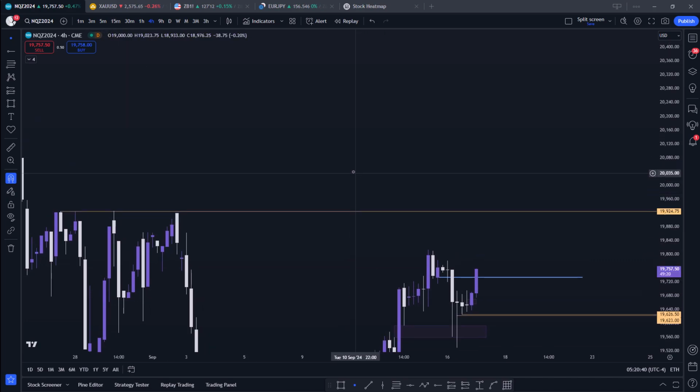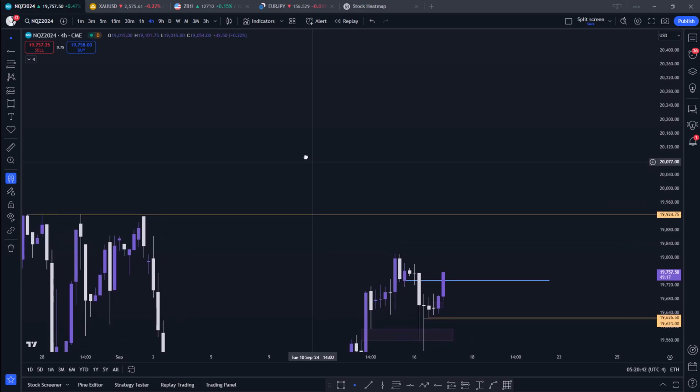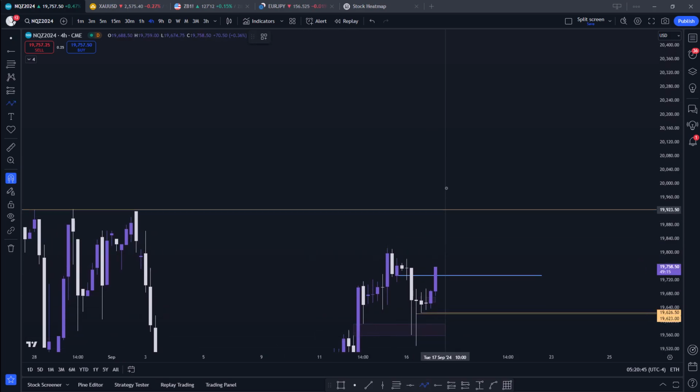If you remember in the rejection block video that I published, I mentioned that rejection blocks are usually one of the higher probability PDRAs to use whenever price is consolidating, whenever we are in a choppy price action profile, not in a trending market. Of course, in a trending market, you're probably going to do better with other blocks and maybe old rejection blocks, right? And of course, fair value gaps in a trending market.